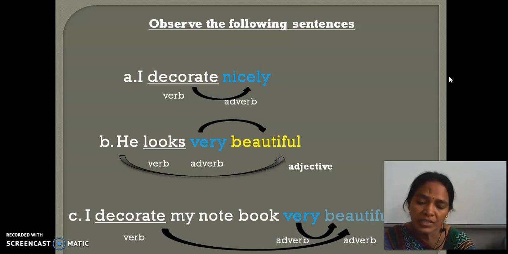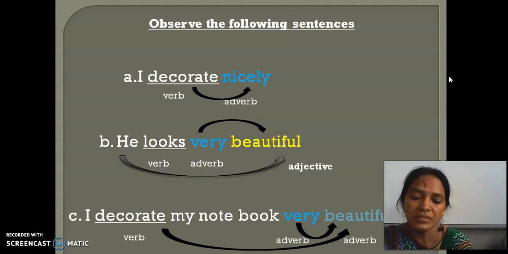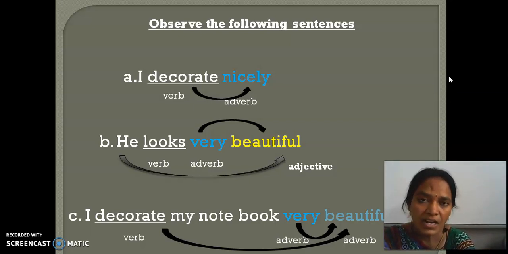Now this beautifully is adding meaning to the subject or the verb. The action of I is being highlighted by using beautifully. And therefore beautifully is an adverb.